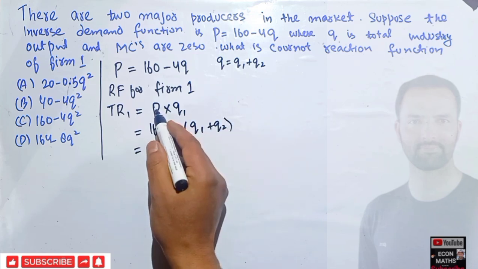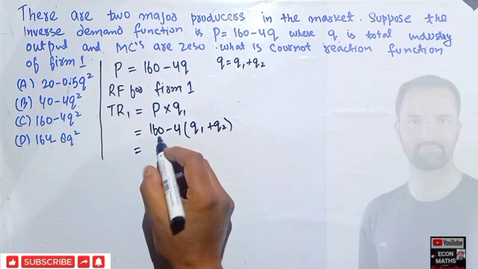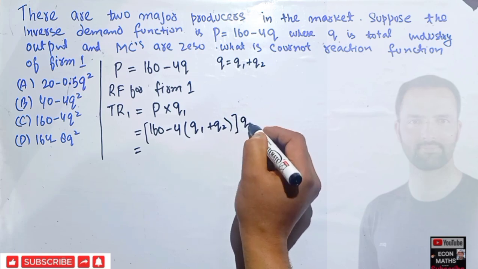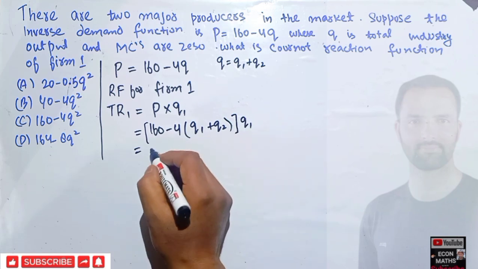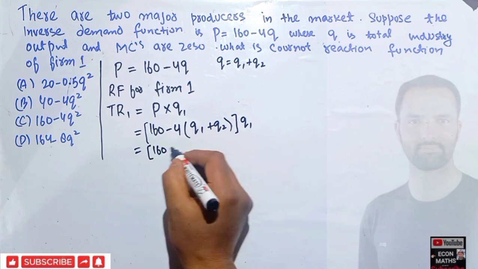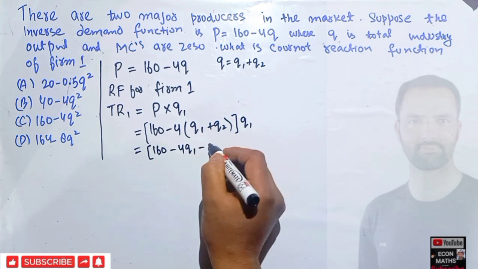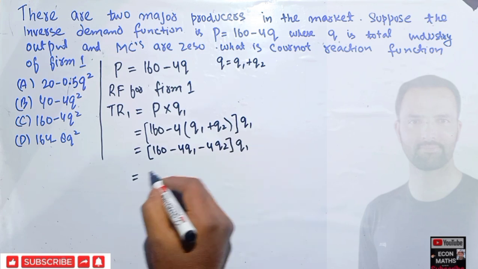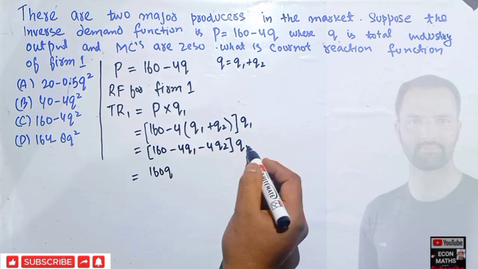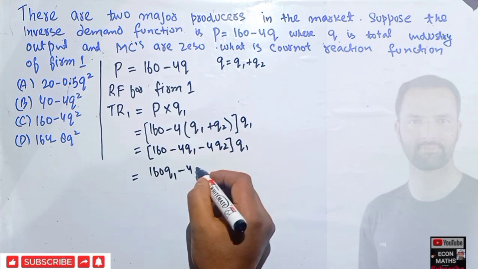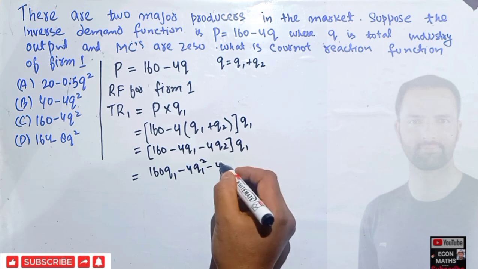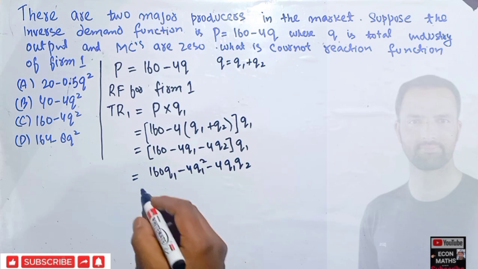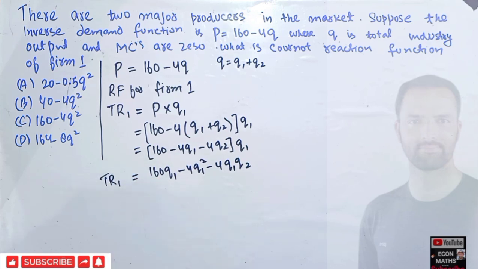This is our inverse demand function, P equal to this. To this we multiply Q1, which gives the total revenue. If we solve it further, this comes out to be (160 - 4Q1 - 4Q2) multiplied by Q1, so Q1 is multiplied to each term: 160Q1 - 4Q1² - 4Q1Q2. This is our total revenue for firm 1.